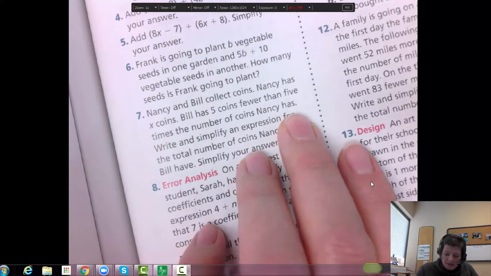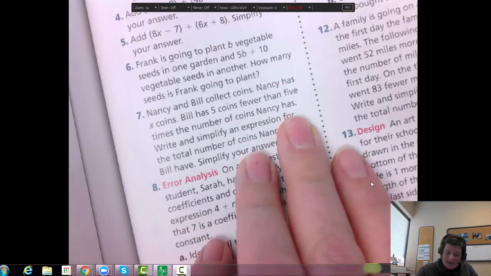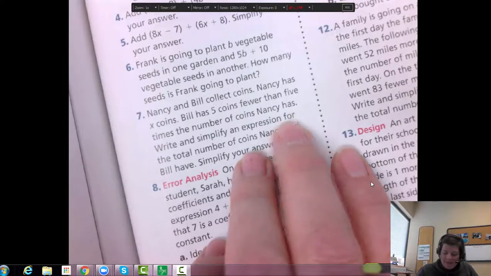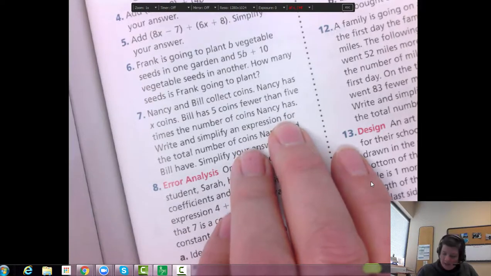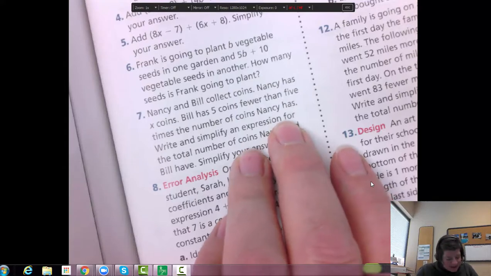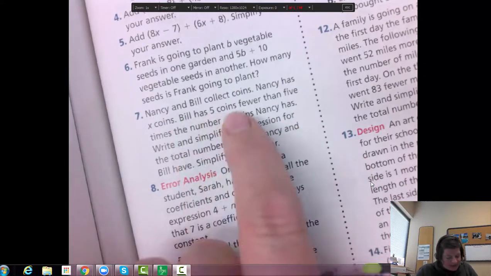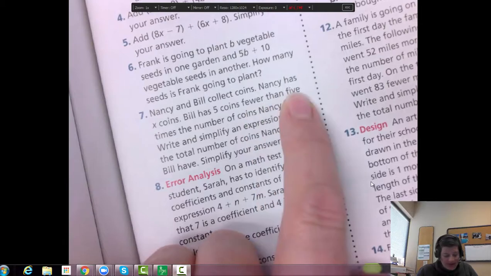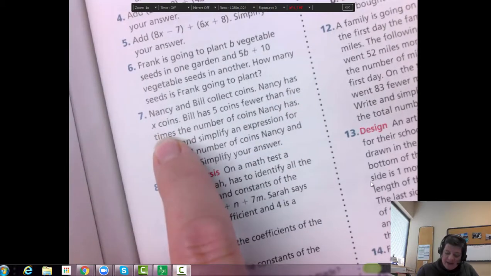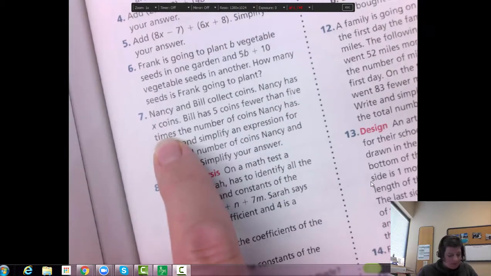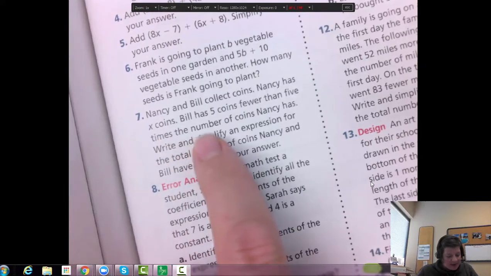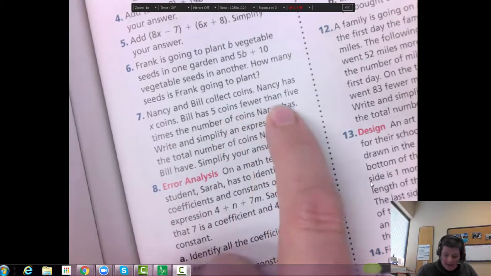So Bill, I'm going to say is Y, and that's going to be Bill's coins. So we know that Bill will equal Nancy. Bill would have to be 5 coins fewer than the 5 times. So I'm going to have to do 5 times Nancy, right? And then the number, and then we're 5 fewer, minus 5.